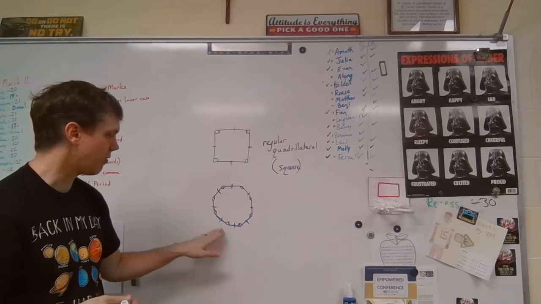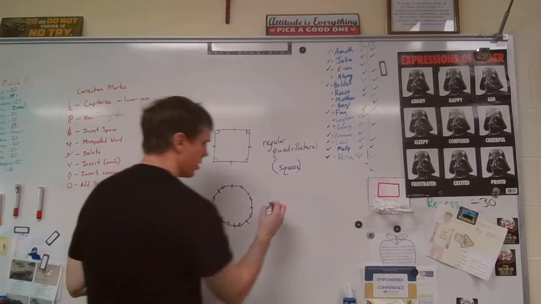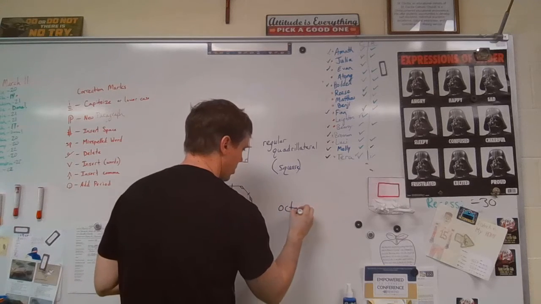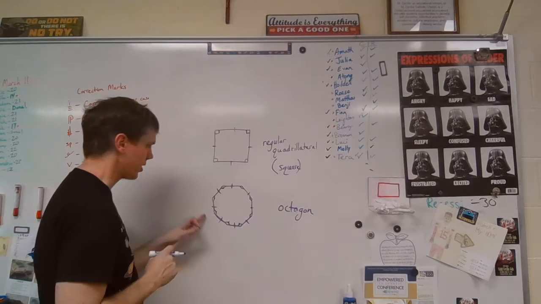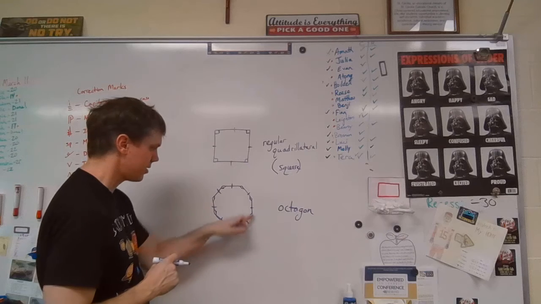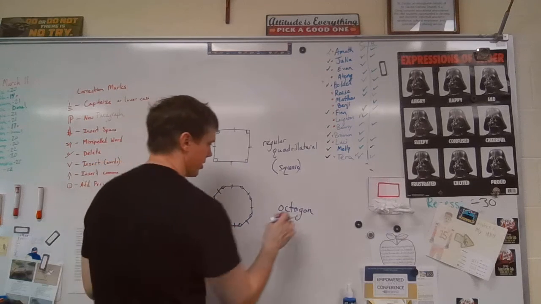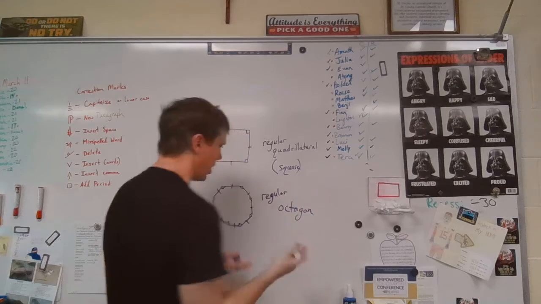Okay, so here we have 1, 2, 3, 4, 5, 6, 7, 8. So it's an octagon. All the sides are the same length, and all the angles are supposed to be the same. They're not, but they're supposed to be the same. So we would call this a regular octagon, right?